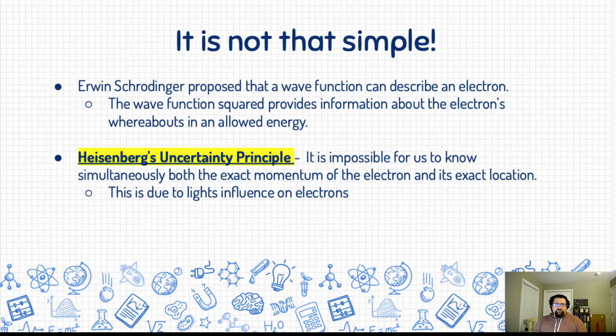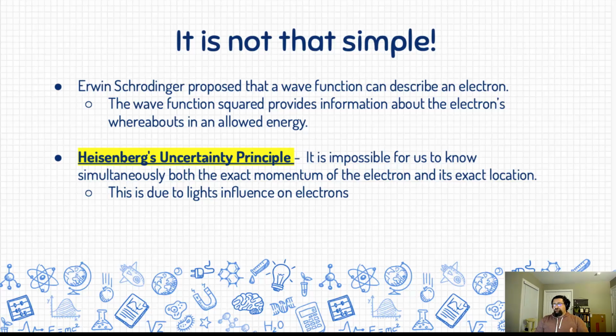But the problem with that is that light waves are simply bigger than electrons, or at least so comparably big that when a light wave hits an electron, it will alter the electron. It'll alter its course, which brings us to the Heisenberg uncertainty principle, which says that it's impossible for us to know both the location and the momentum of an electron, or where it is and where it's going.